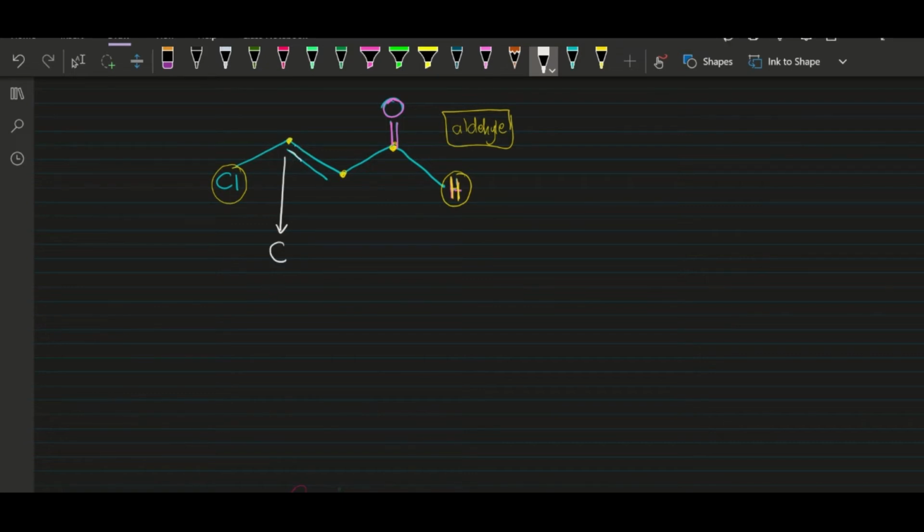This carbon has 3 bonds already, so it's going to have one other H, so it's going to be CH, right? Now this one, second one, has 1, 2, 3 lines already, so it's going to also have another CH, right?